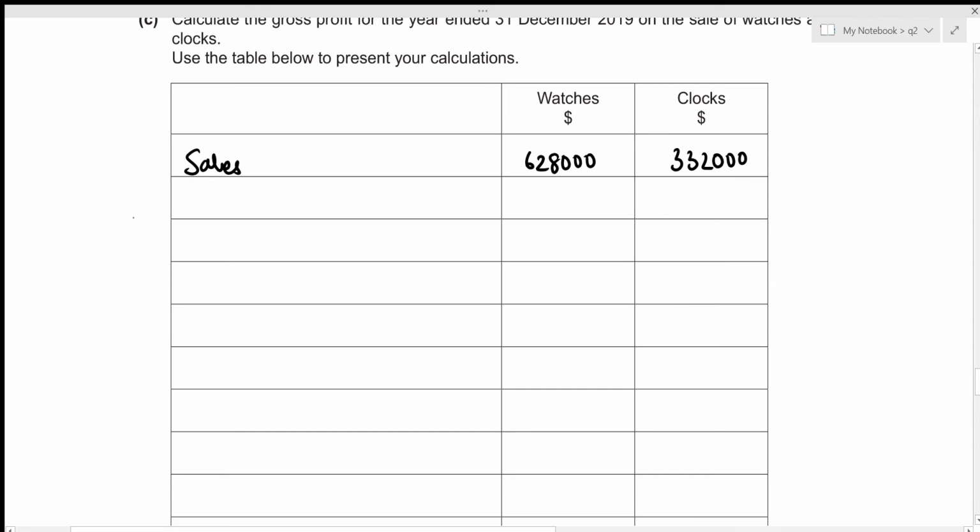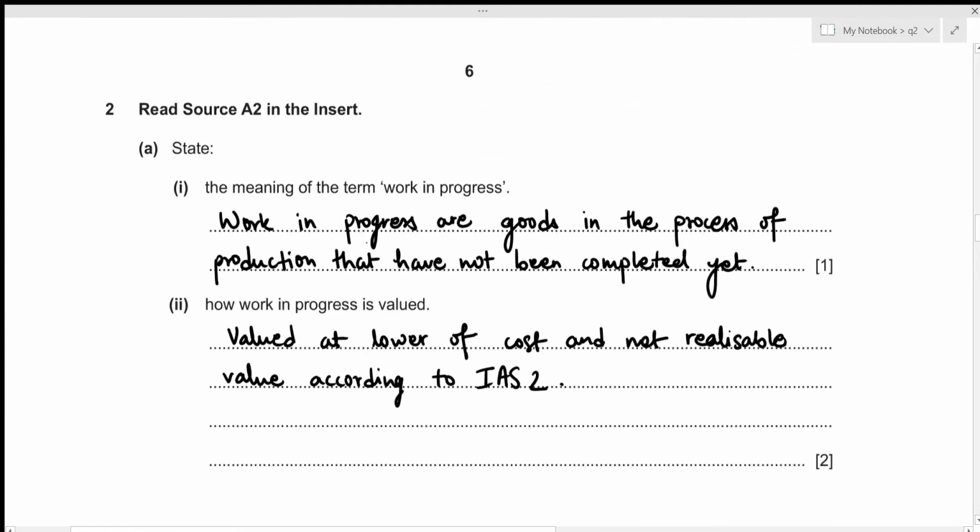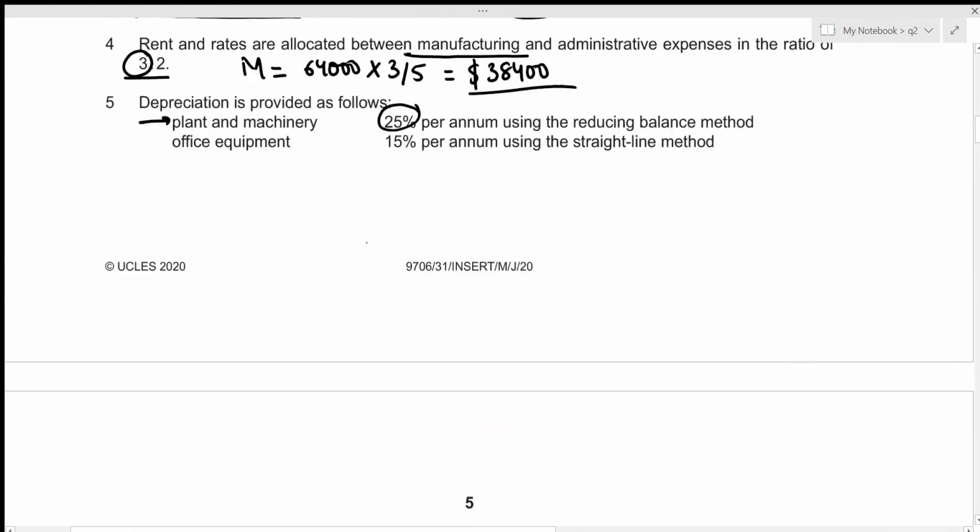Okay, now we just need to subtract our cost of sales. So that's going to be the opening inventory. Let's have a look above.